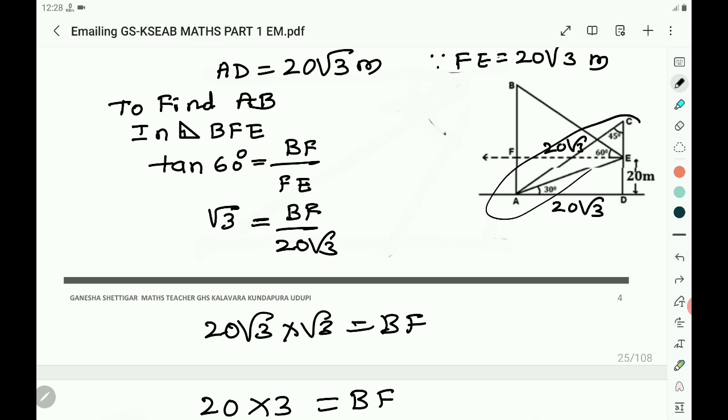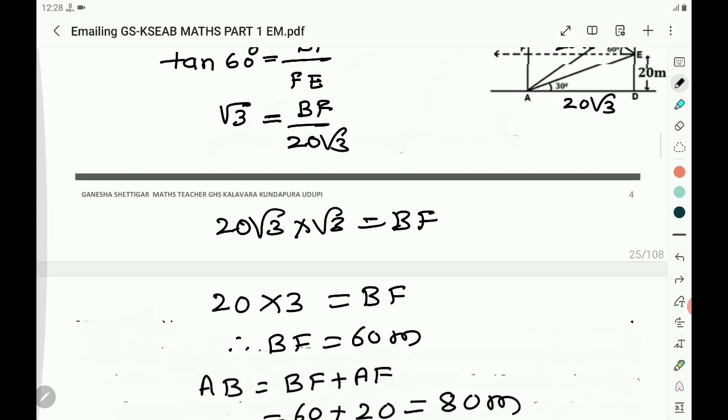We have to find out AC, that is the hypotenuse. So use the trigonometric ratio with the hypotenuse, sine and cos. You can use sine or cos here. If you use sine, you must use opposite side by hypotenuse. If you want to use cos, use adjacent side by hypotenuse.